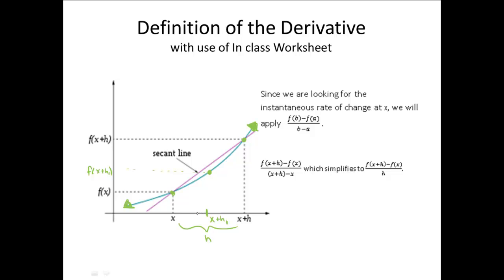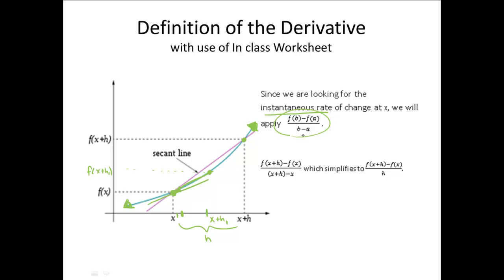And if we continue to decrease that amount, so say we got to here and then even closer, these secant lines connecting these two points would eventually become a tangent line, or appear to be a tangent line because we were so close. So we have this rate of change, this slope between those two points, and eventually when we get here, we call that an instantaneous rate of change.